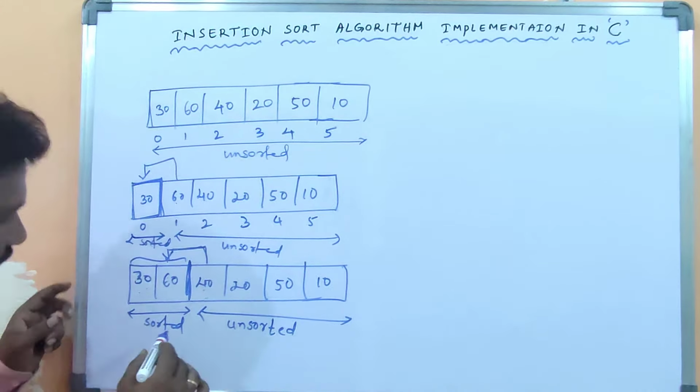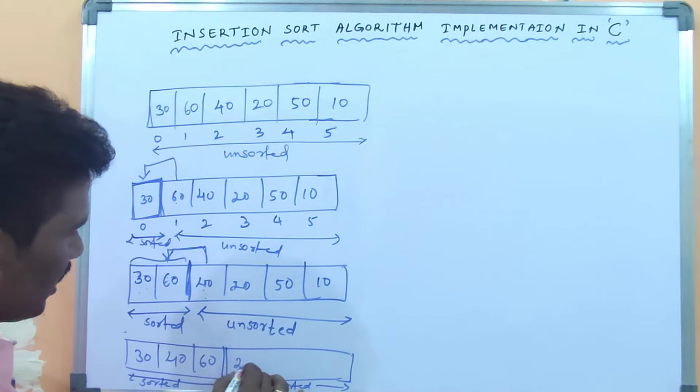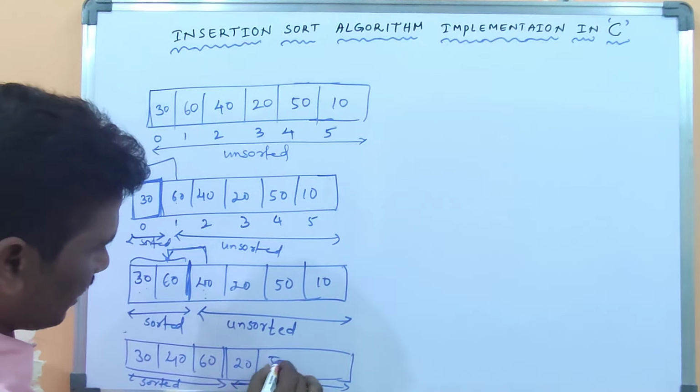Then this is called unsorted. What is the unsorted? The 20, 50, then 10. Here as usual, 0, 1, 2, 3, 4, 5. I forgot to write. Here also 0, 1, 2, 3, 4, 5.